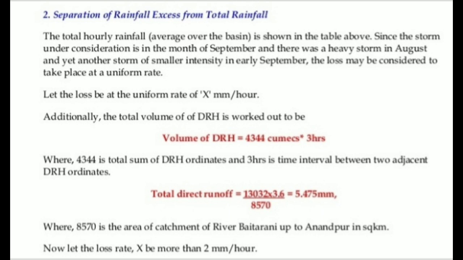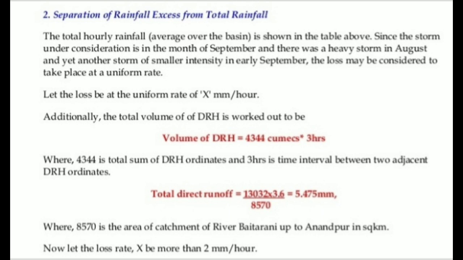Additionally, the total volume of DRH is worked out to be: volume of DRH equals 3,344 cumecs times 3 hours, where 3,344 is the total sum of DRH ordinates and 3 hours is the time interval between two adjacent DRH ordinates.